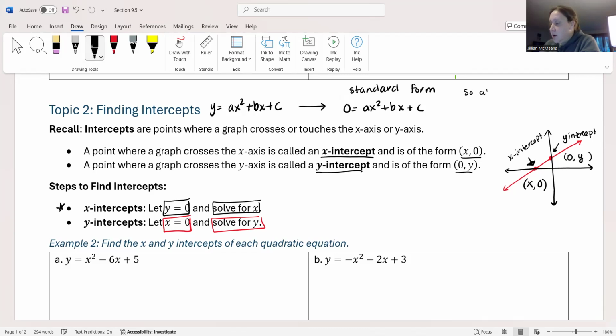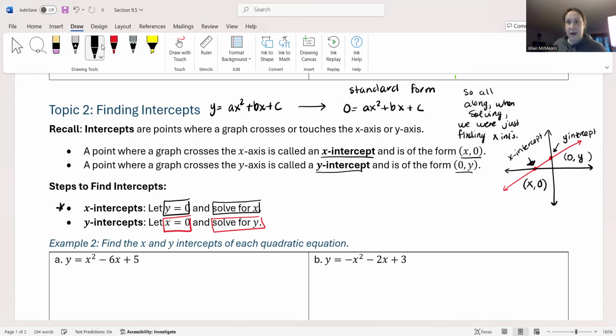So all along, when solving, we were just finding x-intercepts.